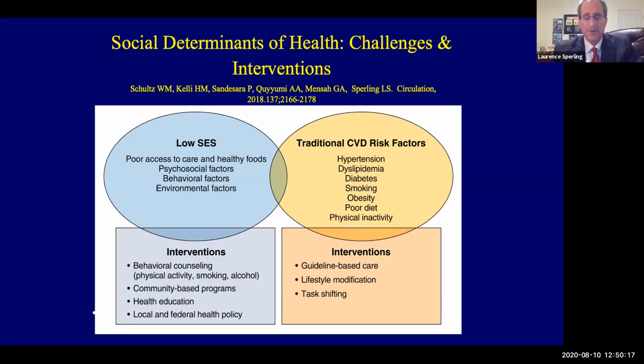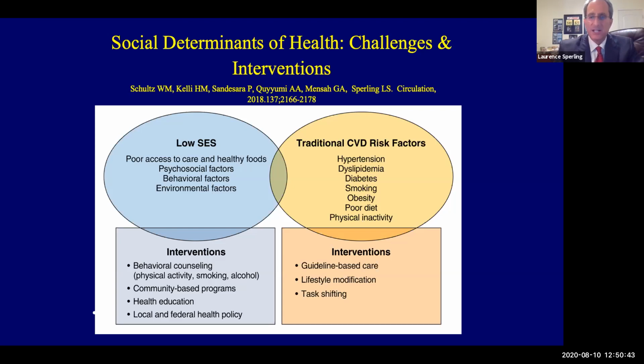We published this paper several years ago in Circulation, and what we are seeing play out with this pandemic, besides those living with serious health conditions, is that those who are living in health disparities are also at greater risk of morbidity and mortality related to COVID.